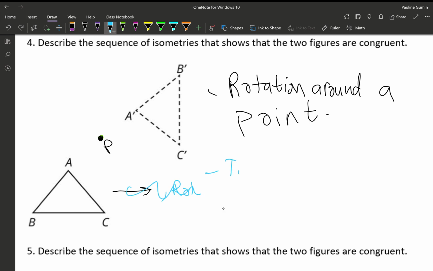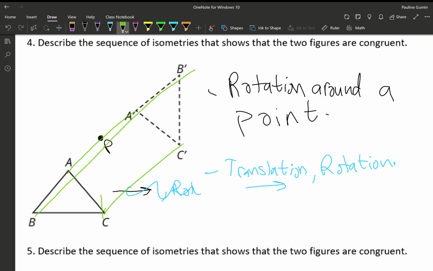So let's write translation to the right and then a rotation. It could also be a reflection about, oh no, it's not a reflection about point P. Never mind. As I drew that, I saw that that was not the right thing.